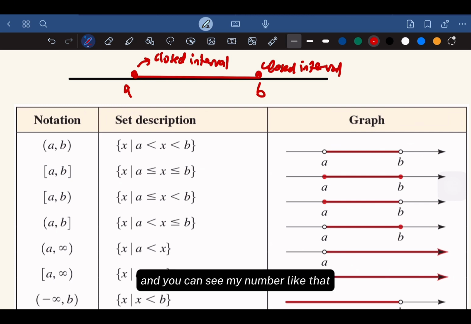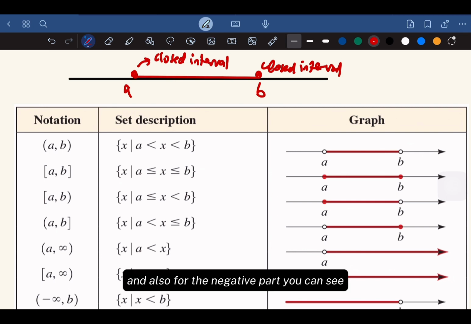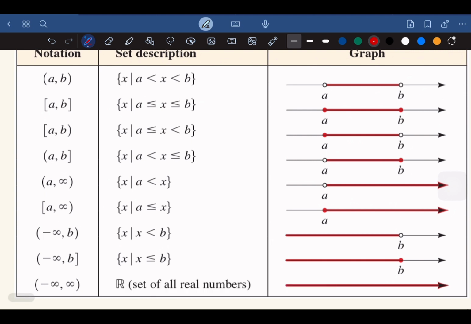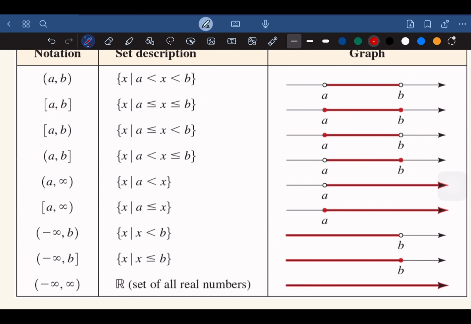For the negative part, we can go from negative infinity until B, as an open interval, and do the same for the closed interval. And the last one is for all real numbers, which starts from negative infinity to infinity. Okay?